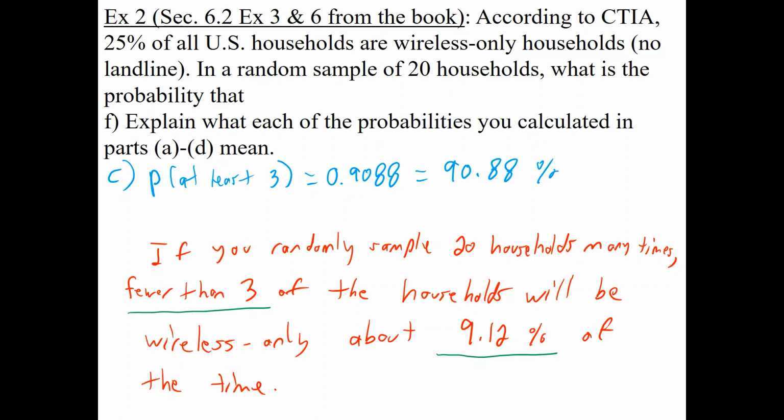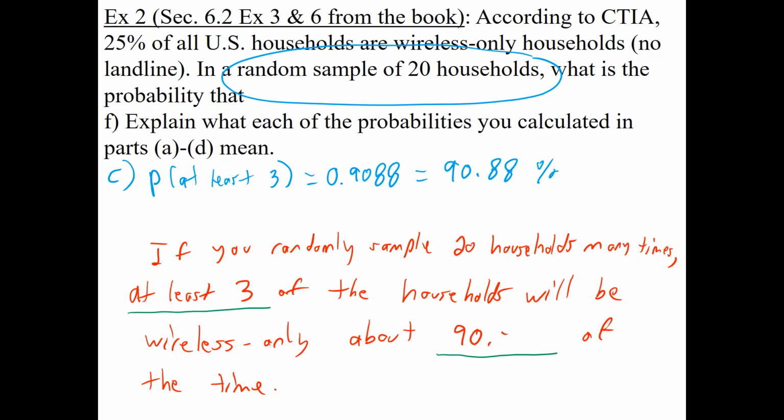So what does it mean? Again, if you randomly sample 20 households many times, that's the first line there. Now I have to erase this fewer than 3, because now the event is that it's at least 3. So we're going to write at least 3 of the households will be wireless only, about, and I have to change this because we have a new probability, and you put 90.88% of the time.